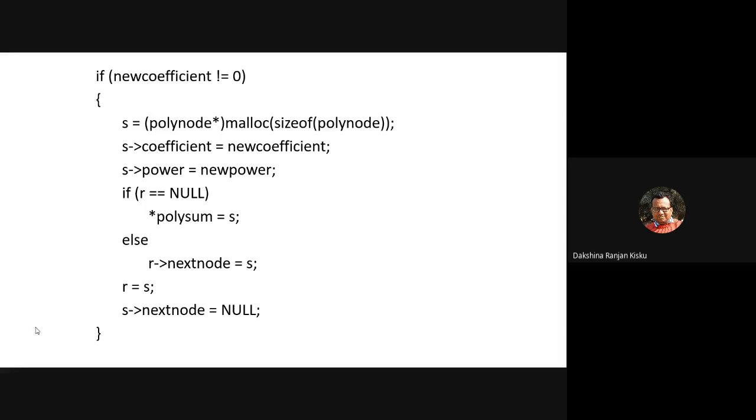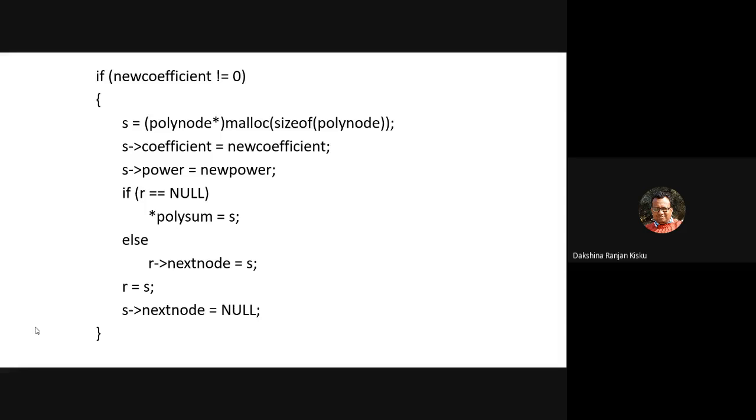Okay, and then we are writing r equals s. So why are we writing this r equals s? After setting the link part of the last node of the existing polynomial to the new node, then we are writing r equals s. That means after assigning the new pointer to the next node, we are making r equals s. That means the r pointer will now point to the newly constructed node after a link between the last node and the new node.